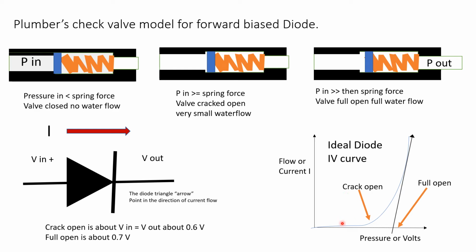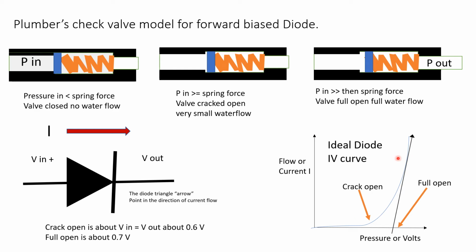Well, it just so happens we can use a very similar curve. This is the ideal diode curve where we get crack open or just starting to break down, and we get full open. We can get full current flow when it's fully open. Okay? Now I've drawn a tangent line to this curve to try and indicate where the full open point is in pressure or volts.